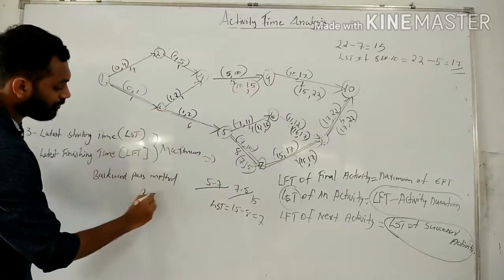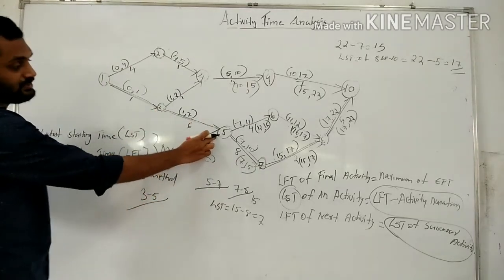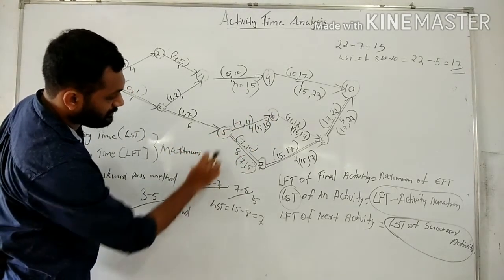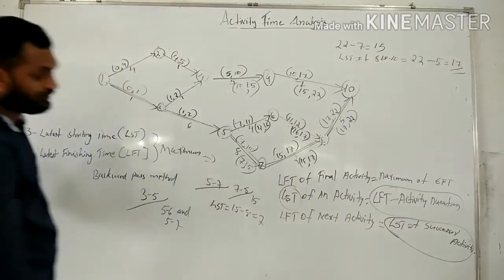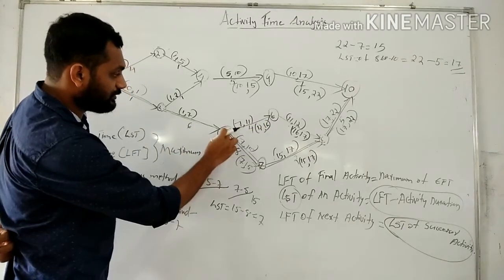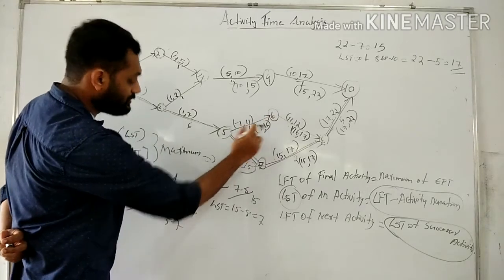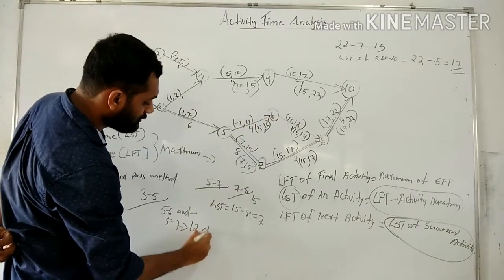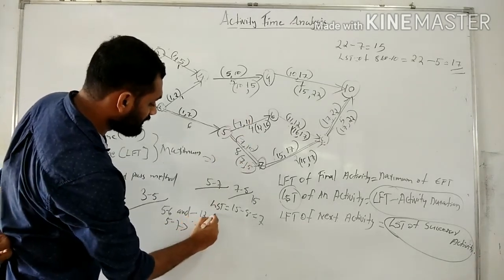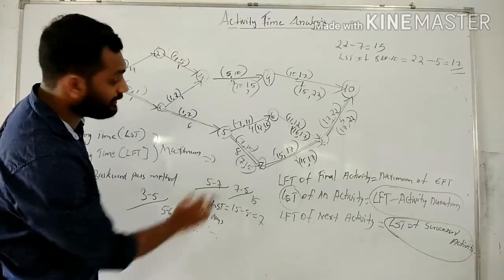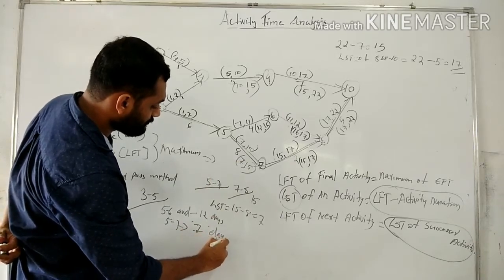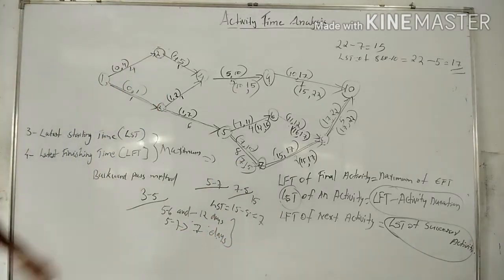We will take the LSP of 5 to 6, which is 12 days. Likewise, the LSP of 5 to 7 is 7 days.